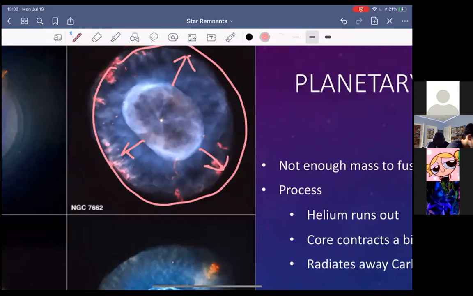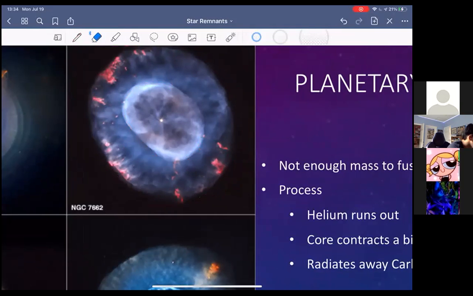And so you can see a very clear layer here, right? There are two distinct layers. This inside layer here is our helium burning shell, basically. And this is still hydrogen.